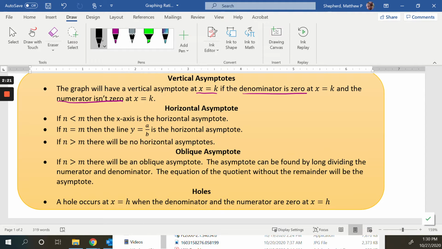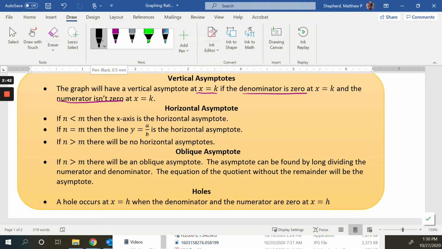Okay, next we've got a whole bunch of rules about n and m. Remember, n is the biggest exponent of the numerator, m is of the denominator. If the degree of the numerator is less than the degree of the denominator, the x-axis is going to form a horizontal asymptote.